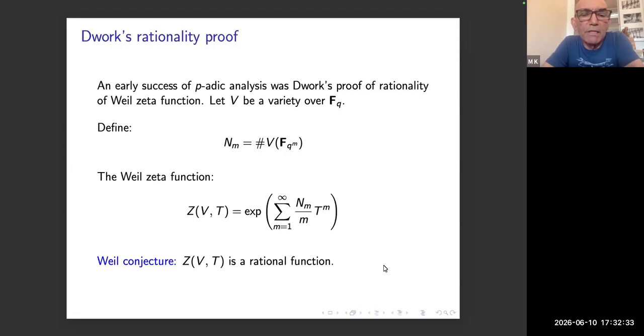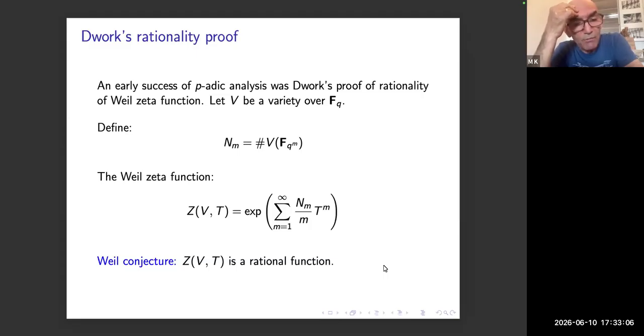And the first Weil conjecture postulates a very precise relation between these numbers N_m, the sequence of numbers, which is really amazing when you think about it, why there should be such a pattern among these numbers. The way it is economically formulated is you form this.